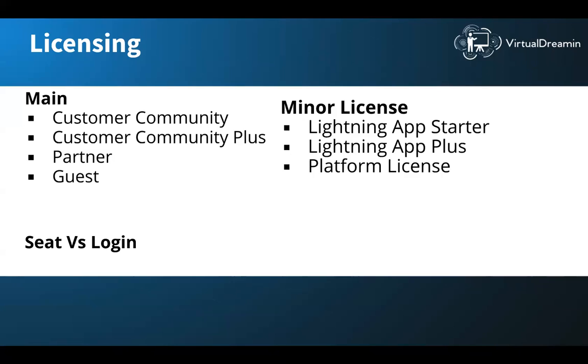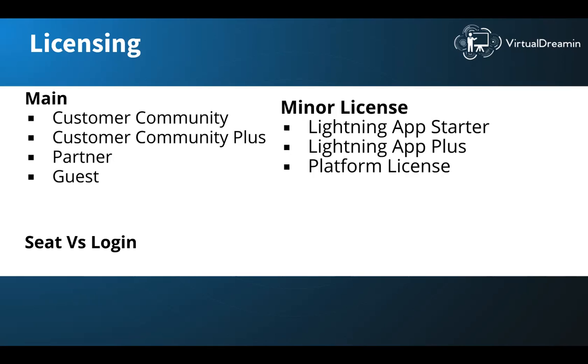There are a few other licenses you can use with communities in addition to the fact that your internal end users get access as well, such as platform licenses, Lightning App Plus, and Lightning App Starter. But the main licenses you're going to end up using are those customer community plus, partner and guest. The guest is for when you have a totally unauthenticated community that does not require login.